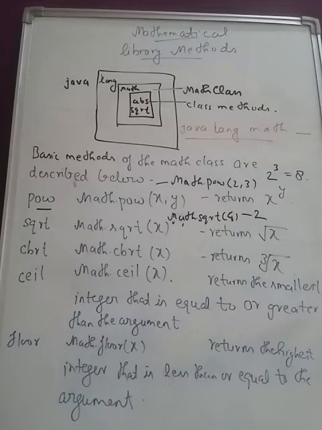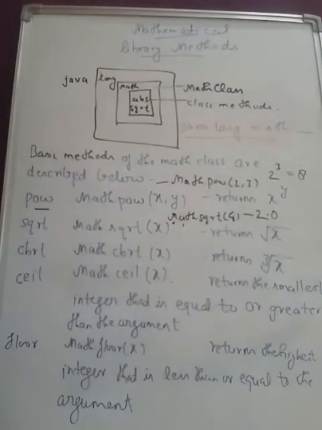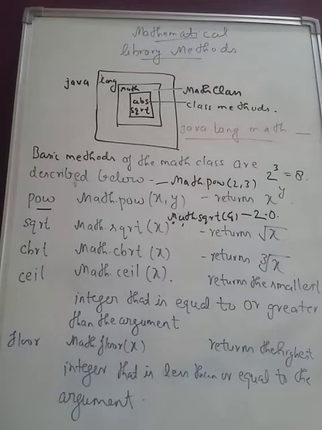One thing to note is that in the case of square root and cube root, the value returned will be a double value. That means we include the decimal point also. So we have written 2.0 only because it is of the double data type.